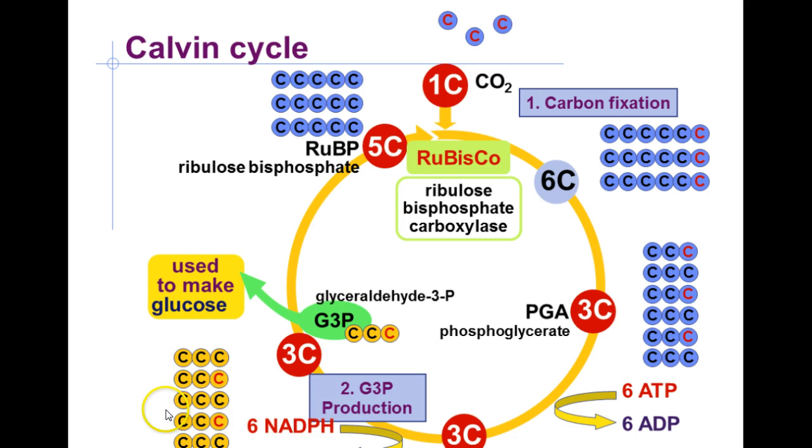So only one of the 6 G3Ps or PGALs becomes a glucose molecule. The other 5 enter a complex process that regenerates more RUBP. We saw that in our basic diagram. So 1 glucose is formed and 5 G3Ps go back to generate now more RUBP in this process.